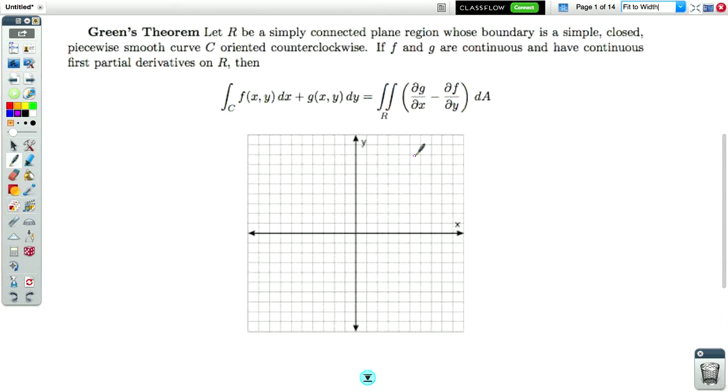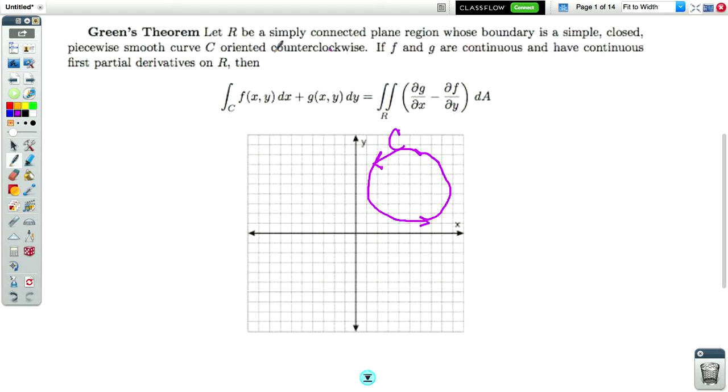Basically that means you have some curve, and closed means that it meets up, so it's basically equivalent to a circle. Oriented counterclockwise, so we do have this orientation here, and we're going to call this curve C.